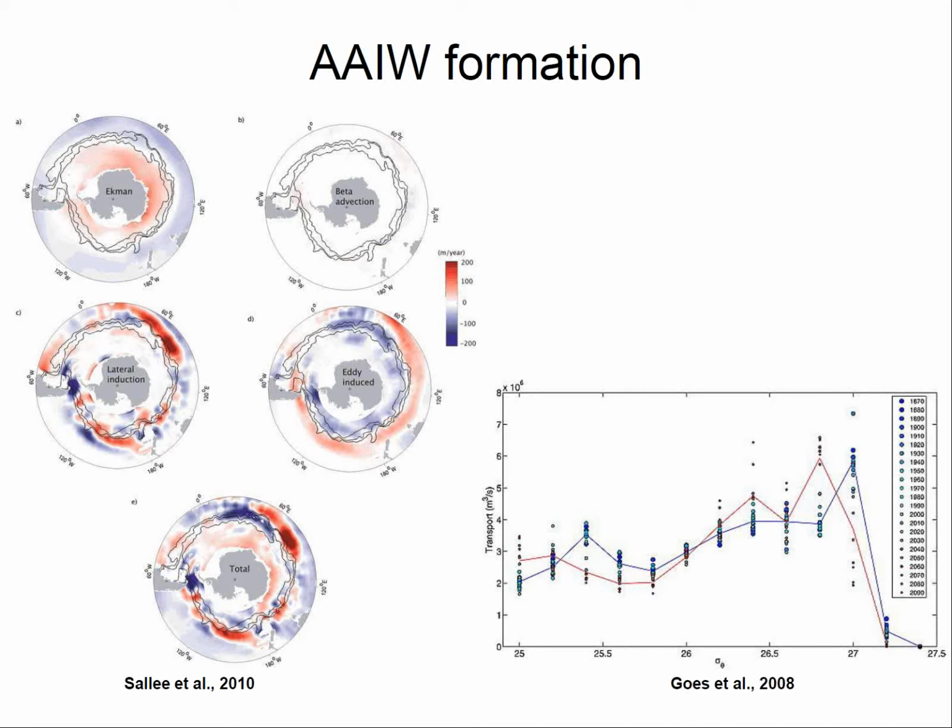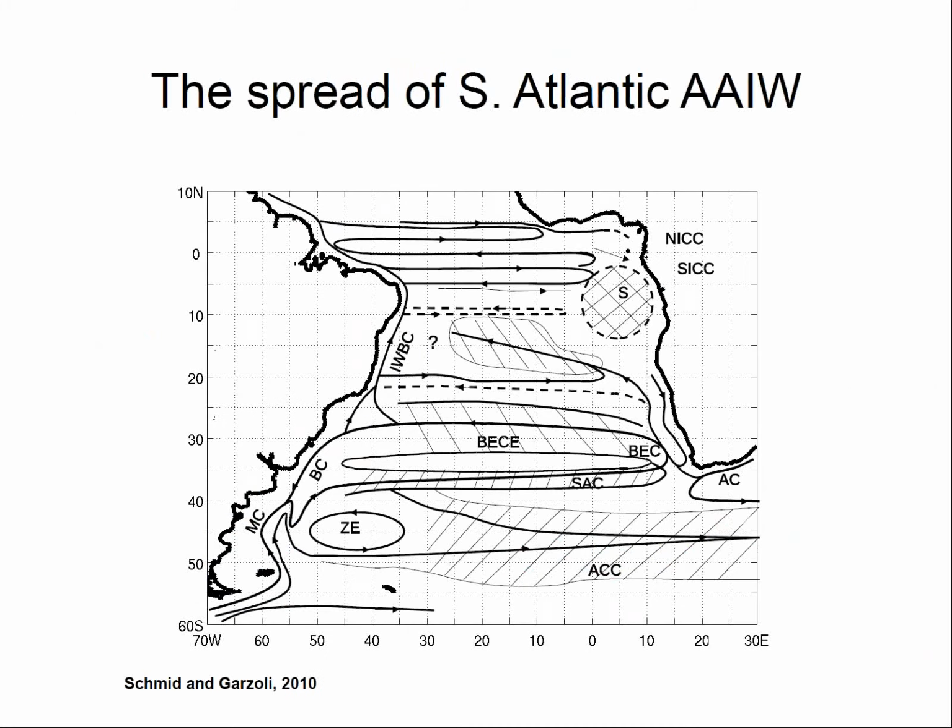So we see that the formation of especially more deep water, this is in the Atlantic Ocean, tends to migrate to lower densities. So this may have an impact too on the mechanisms.